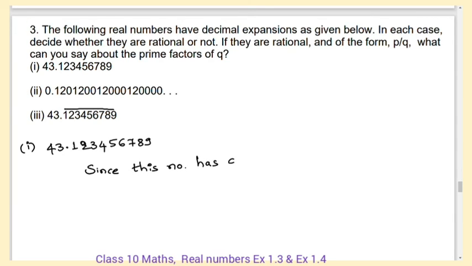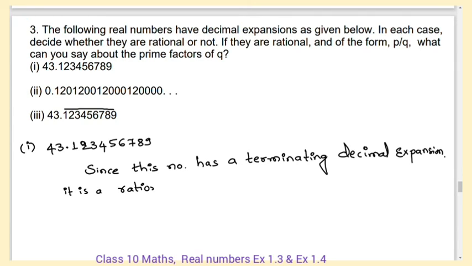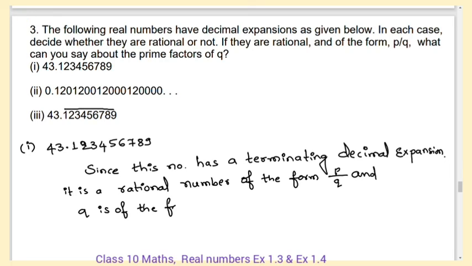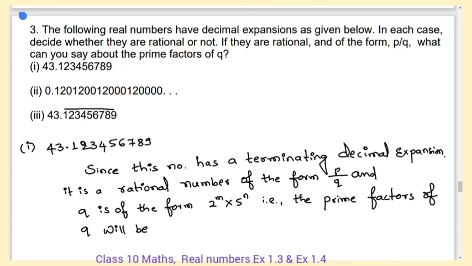Since this number has a terminating decimal expansion, it is a rational number of the form P by Q and Q is of the form 2 raised to m into 5 raised to n. That is, the prime factors of Q will be either 2 or 5 or both.